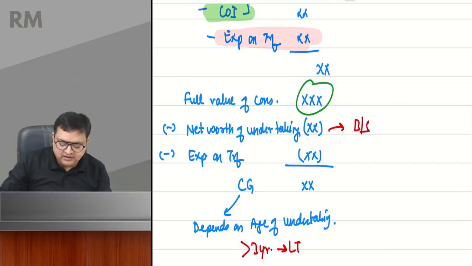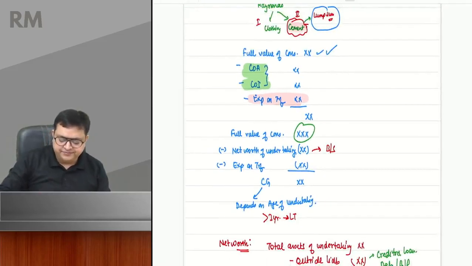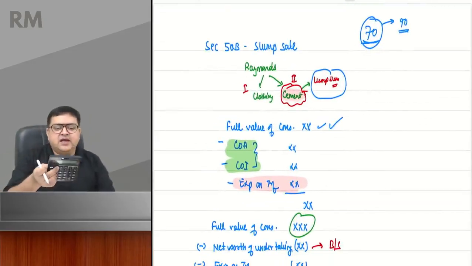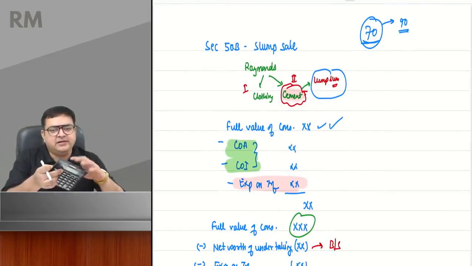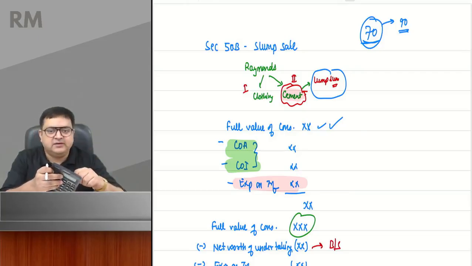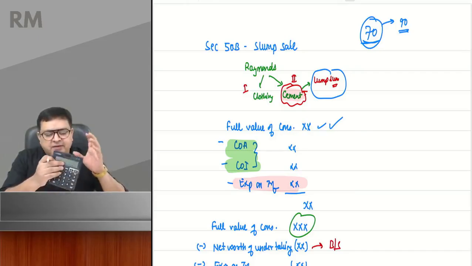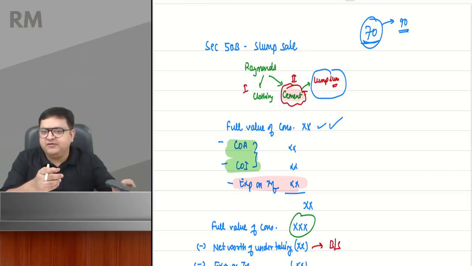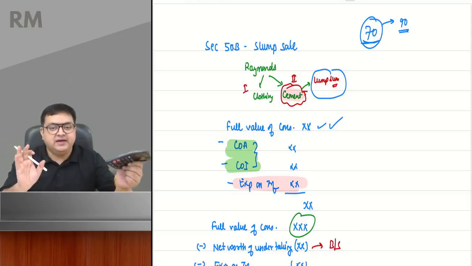They will say, the undertaking, for example, has a market value today of 100 lakh, and I'm telling the assessing officer that I have sold it for 75 lakh. He will say no, because the asset you are giving has a value today of 100. How can you sell it for 75? You are actually telling a lie.